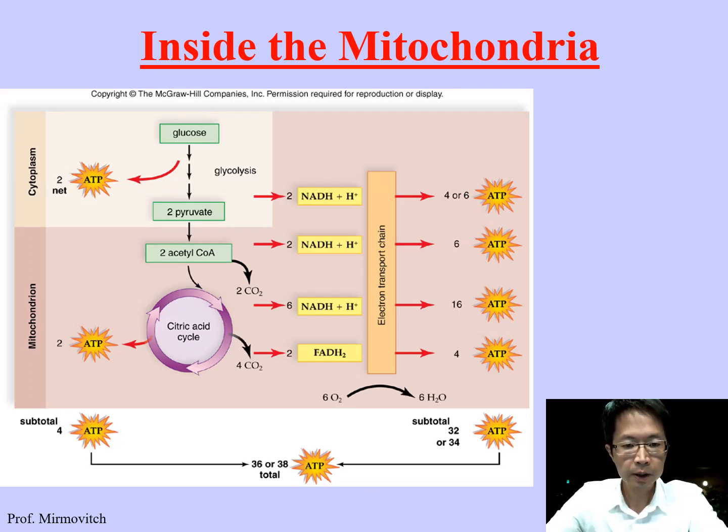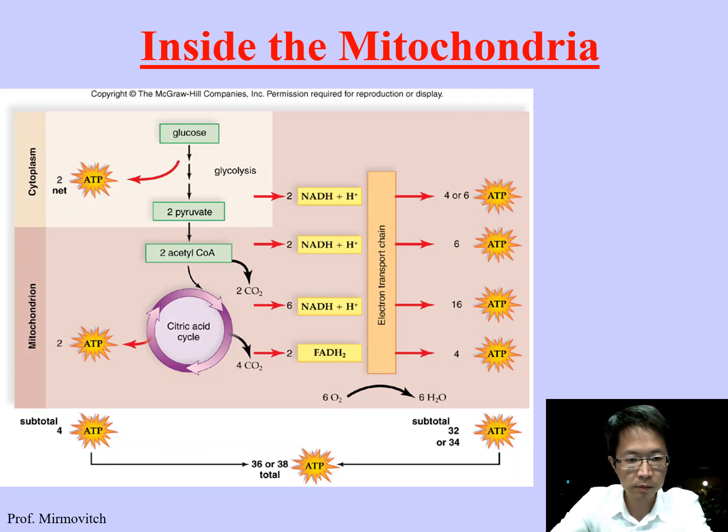So this picture is basically a summary of everything we talked about in today's lecture. It's very long, yes. You need to know the location: the Krebs cycle is in the matrix, and the electron transport chain is in the inner membrane, or the cristae, of the mitochondria.